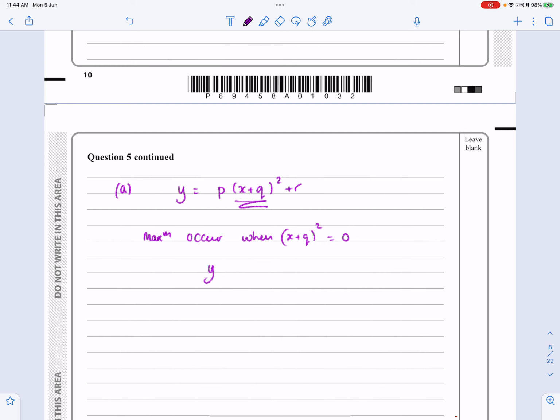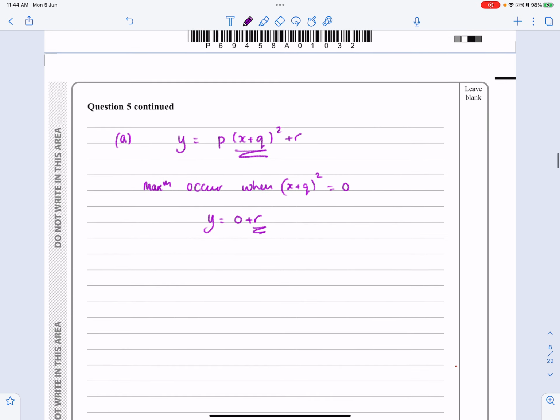So if I then get y equals naught plus r, straight away r will be the y value of the maximum point. And when is that going to occur? Well, when (x + q)² equals naught, in other words, when x + q equals naught, so when x equals minus q. So if I have the maximum point, that'll be the x value of it, and that'll be the y value, the x coordinate and the y coordinate, which you should already know.